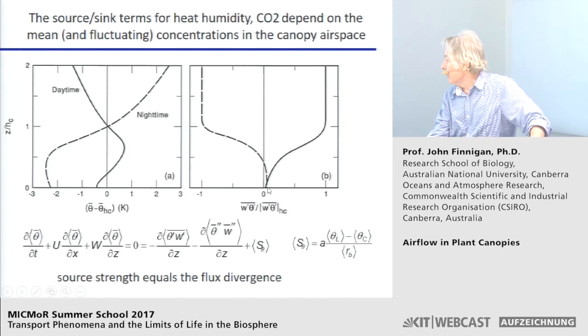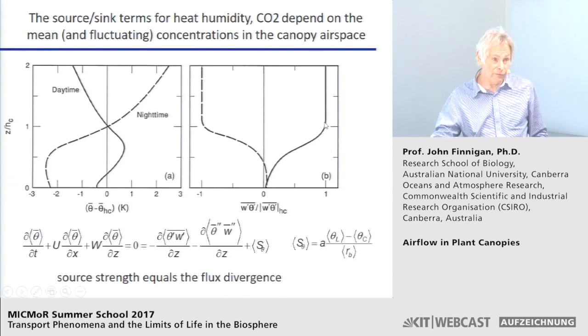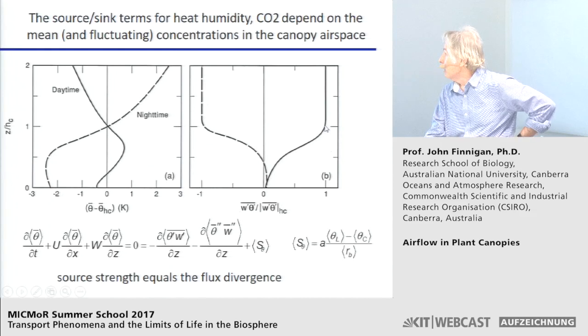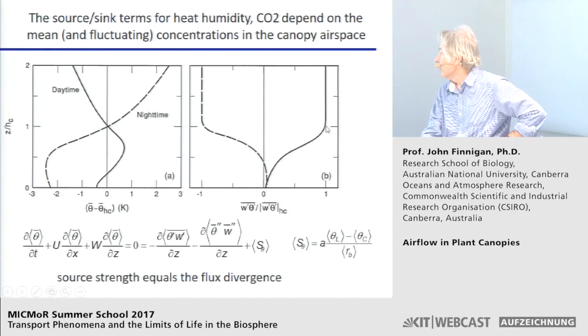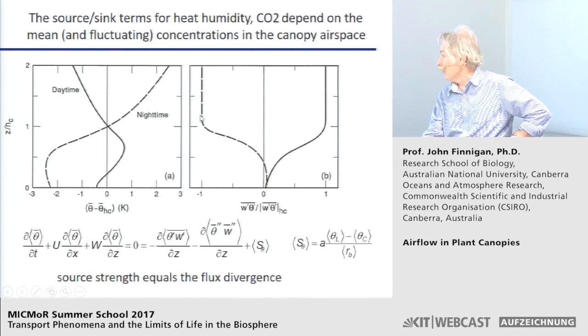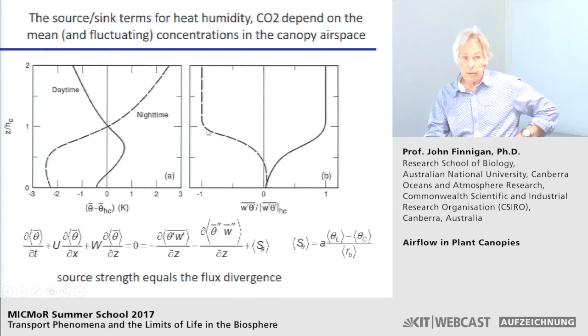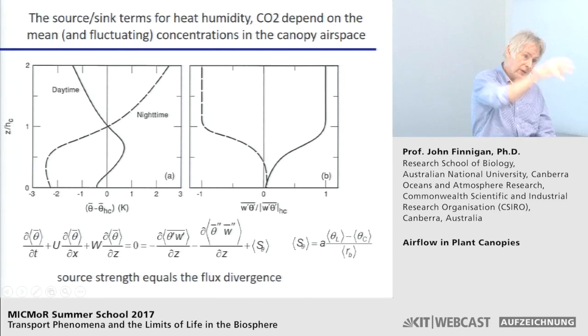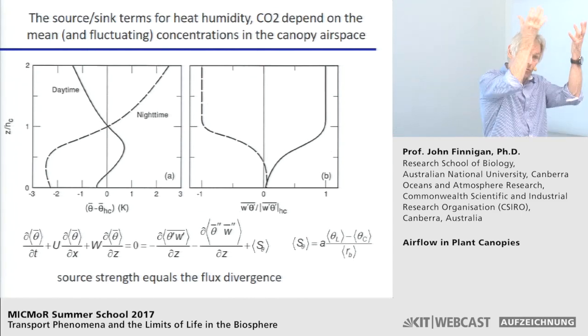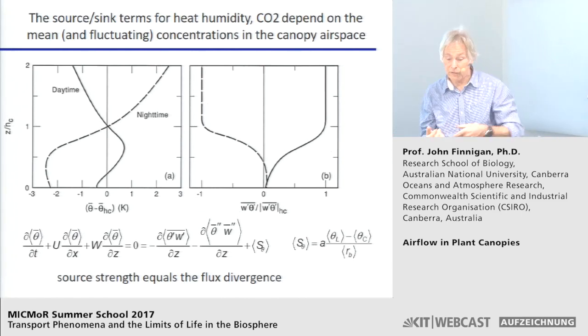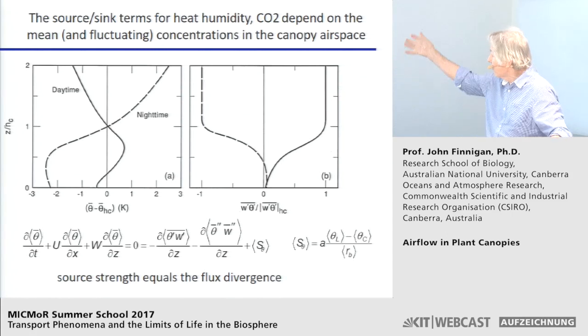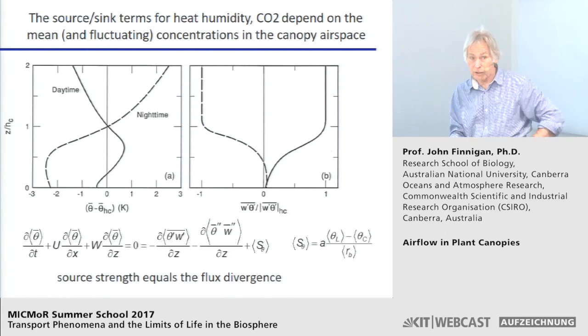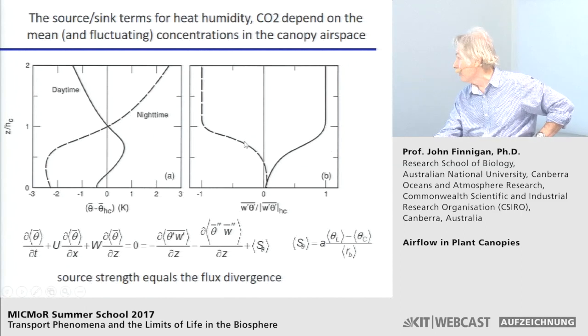During the day, the heat flux increases as we go up, as more and more leaves are involved in adding heat to the mixing, and then it's constant above. At night time, it's the other way around. The heat flux is downwards, warming, coming from the atmosphere to warm the canopy, which is cooling itself by radiating up into the sky.